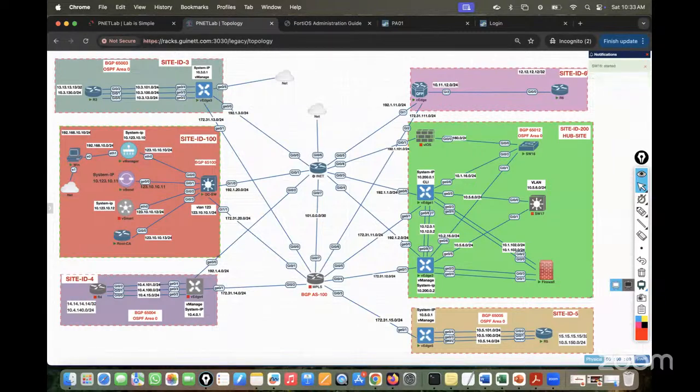How can I build this topology manually? Can I configure all the routers, vManage, and all the devices manually?